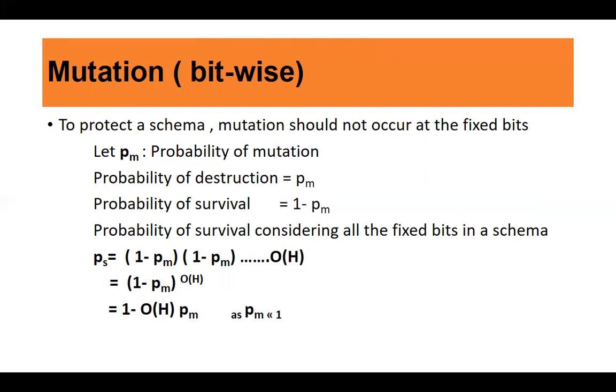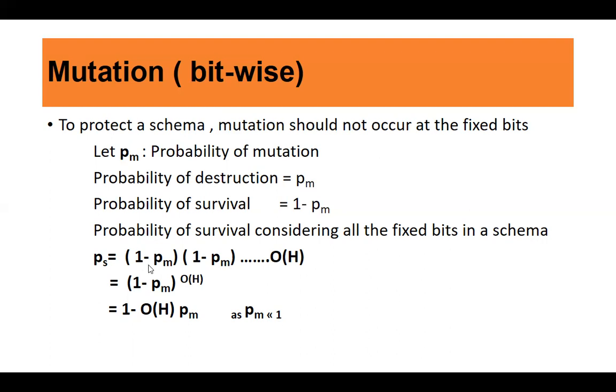Now, probability of survival is what? 1 minus probability of destruction. So here you can say probability of survival is 1 minus PM, which is the probability of mutation, or you can even call it the probability of destruction, right? So probability of survival considering all the fixed bits in a schema, PS, is nothing but 1 minus PM, which is the probability of survival for the first fixed bit.